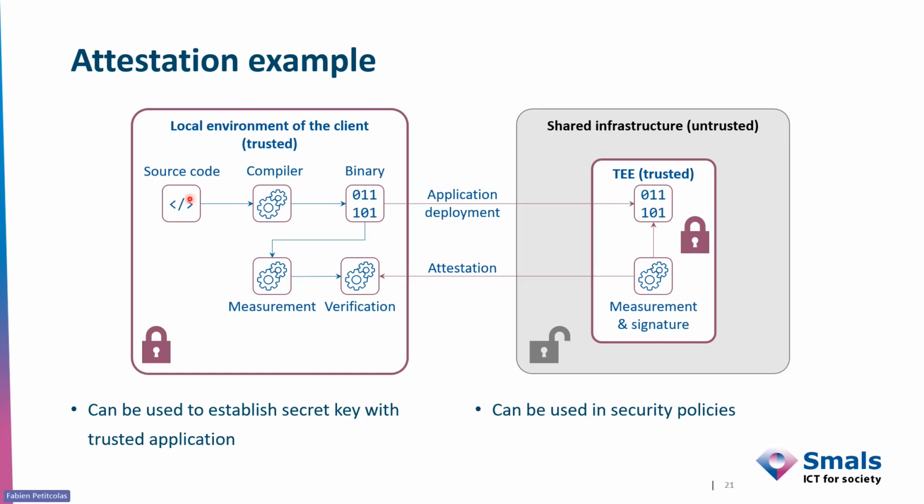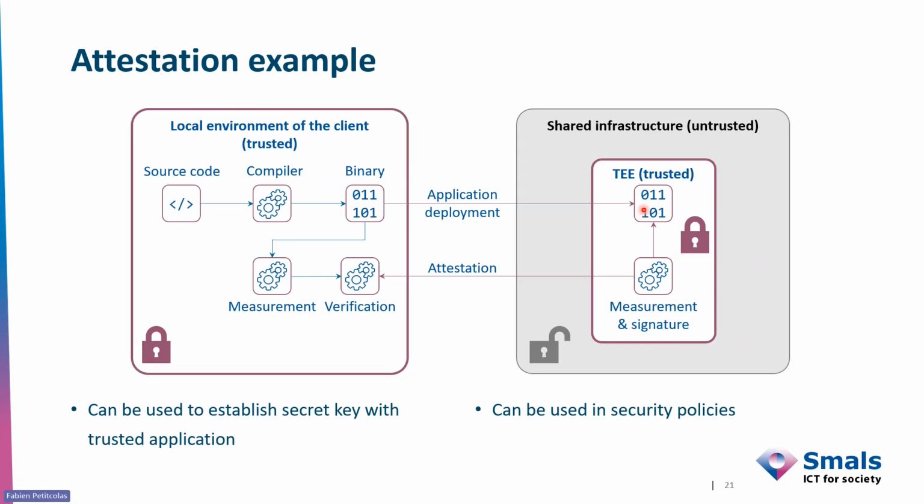You start with your source code, typically you apply some compiler, and you end up with some kind of binary, which you're going to deploy on the remote infrastructure. And within the remote infrastructure, with the trusted execution environment technology, you're able to build that trusted execution environment in which you're going to put your binary.